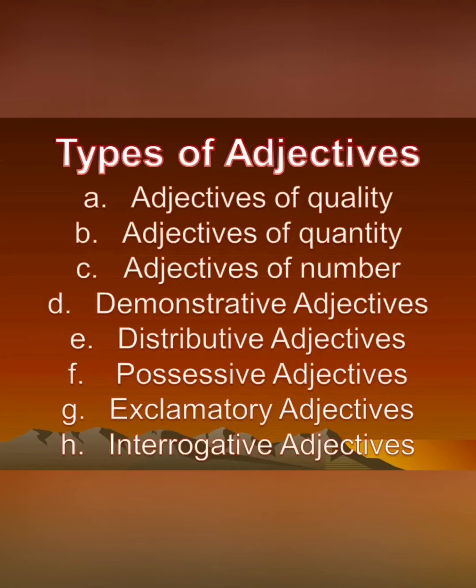Next, we have the adjectives of number. Adjectives of number show the number of nouns and their place in an order.